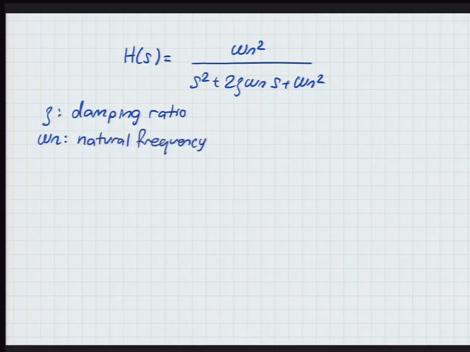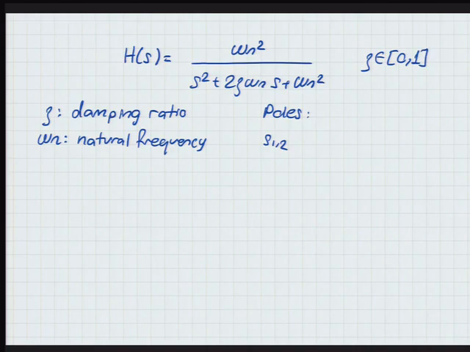And the poles of this system are at these 2 points. They are complex conjugates. So in this representation, we implicitly assume that zeta is between 0 and 1. If zeta is in this range, then we're going to have complex conjugate poles.